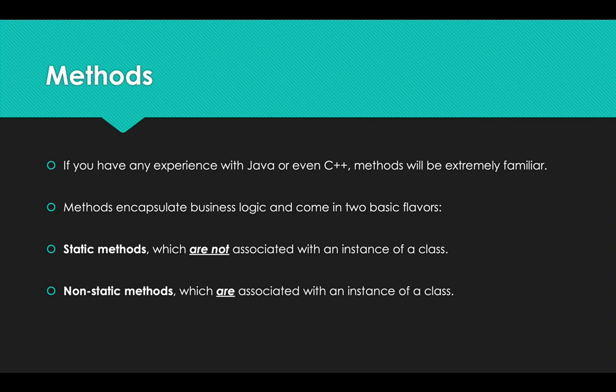So there are two really basic flavors of methods. There are static methods, there are non-static methods, and just like with C++ or Java, a static method is not associated with any single instance of a class. It's basically at the type level or the class level. A non-static method is associated with an instance of a class.